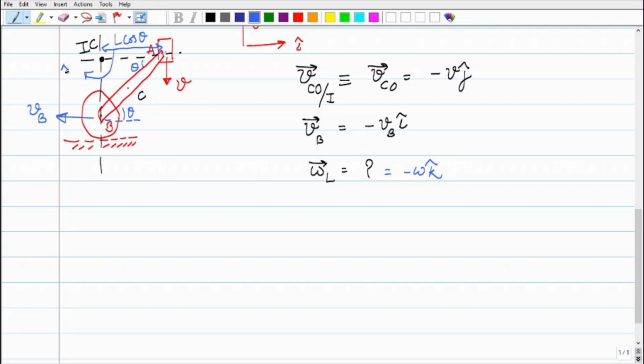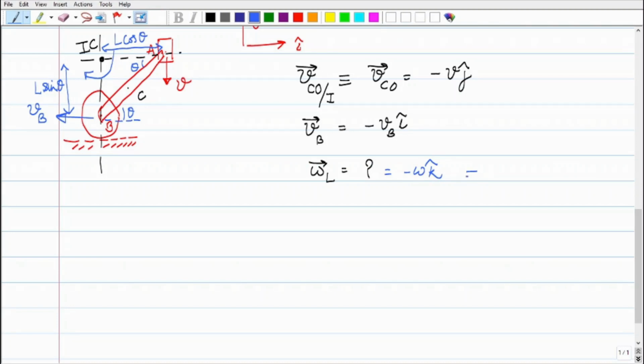Likewise, this one, that's L sin theta. Right? So from the instantaneous center, whose velocity will be 0, omega times L cos theta is then simply V. Right?